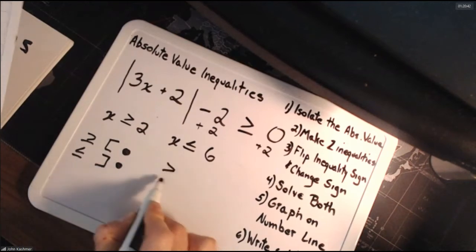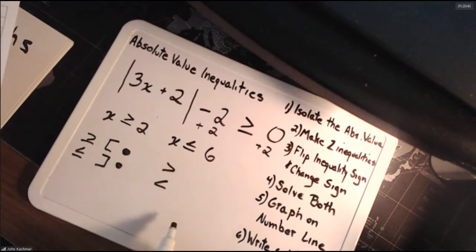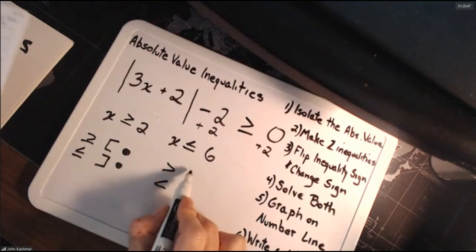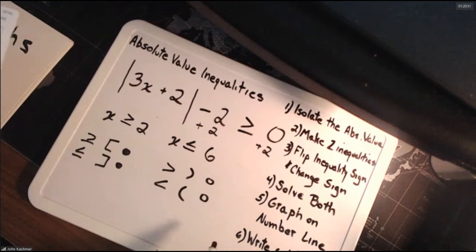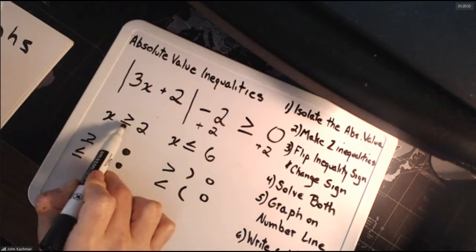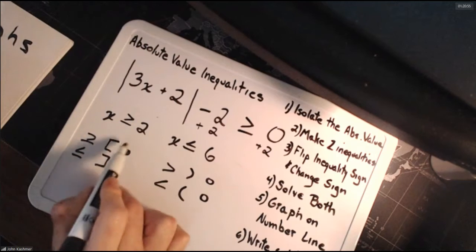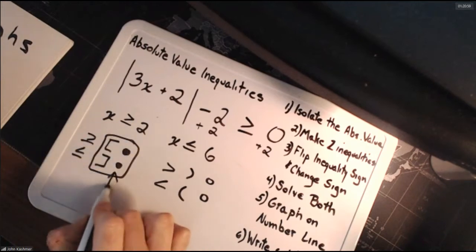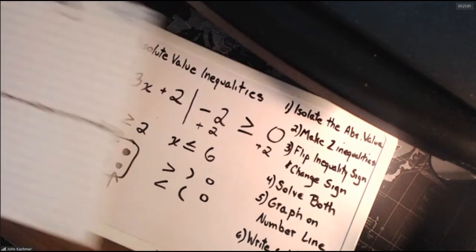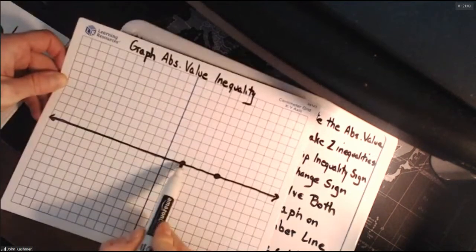Whenever you just have greater than or less than, I mean, that uses parentheses or open circles. So since these have the or equal to, we know we're going to use these. And I would suggest using the dots on the graph. So these are, if you noticed, a closed dot on 2 and a closed dot on 6.